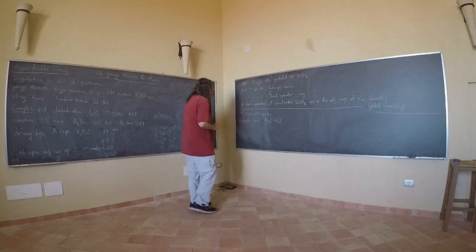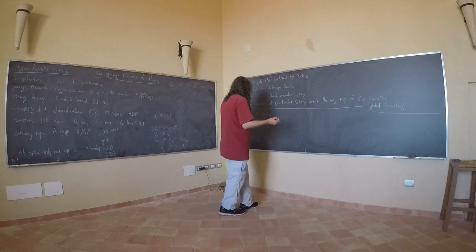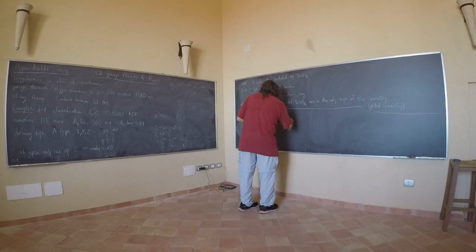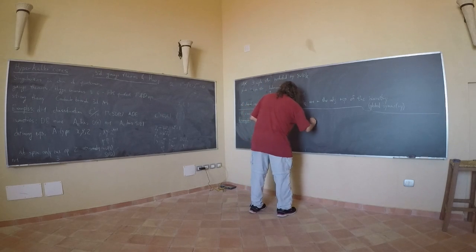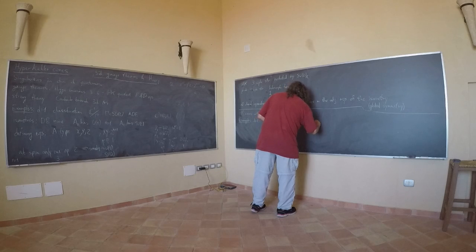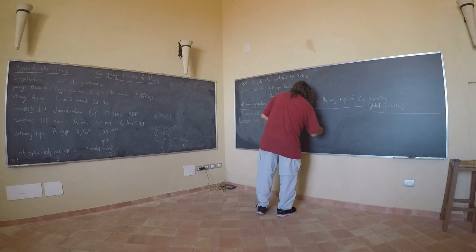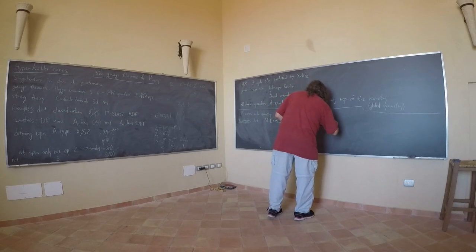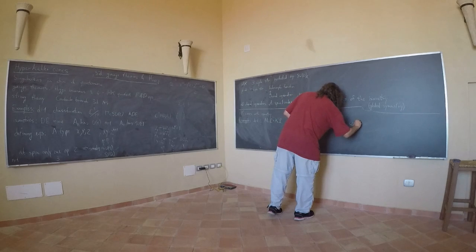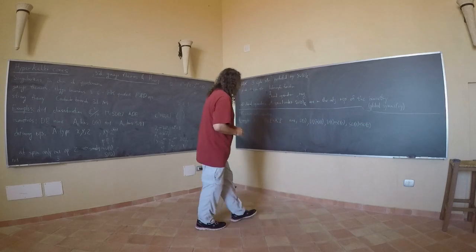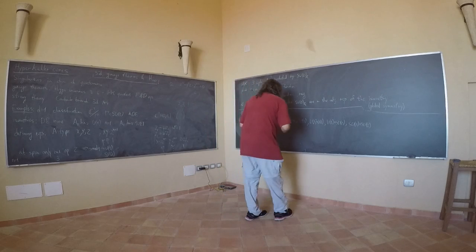And as a result, we could have cases where there's only none, or U1, or U1 plus U1, or U1 plus SU2, or SU2 plus SU2. Just SU2. Just SU2. Thank you.